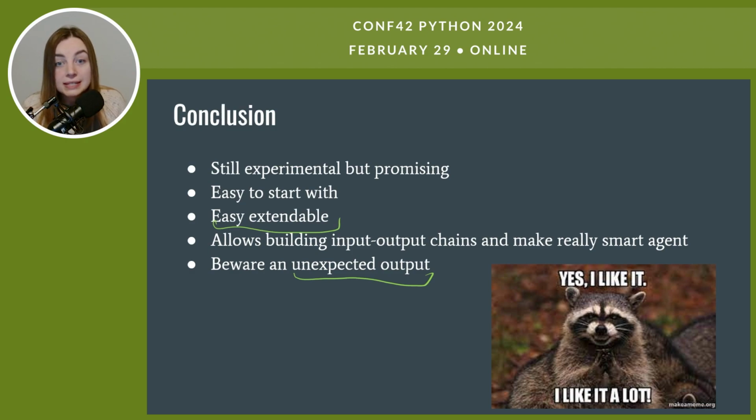As we saw, we can simply leverage an agent in just a few lines of code, and we can already use a great set of predefined tools, and they are very varied, and we can build some interesting chains. And this is what can make our agent really smart.